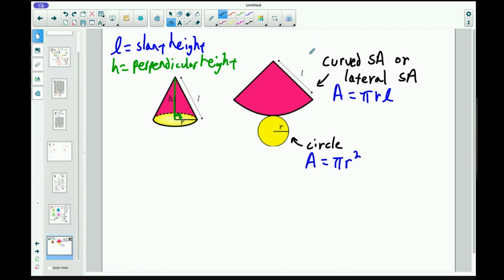So altogether, we can put this into one formula. Again, it is not given to you. The surface area of a cone is equal to pi r squared plus pi r times L. Basically, we're just adding these two together to give us the surface area formula for a cone.